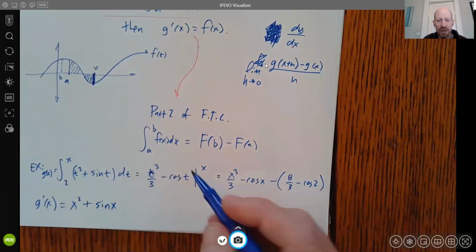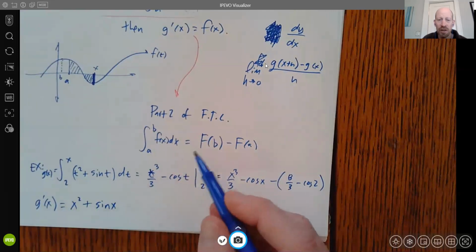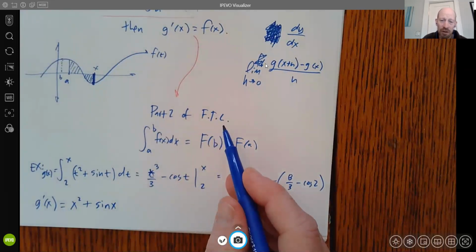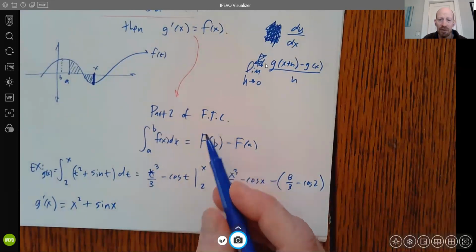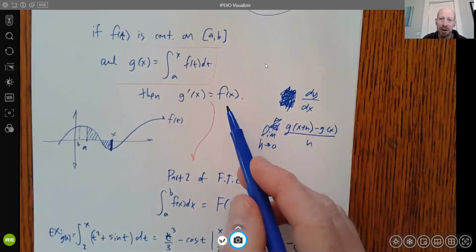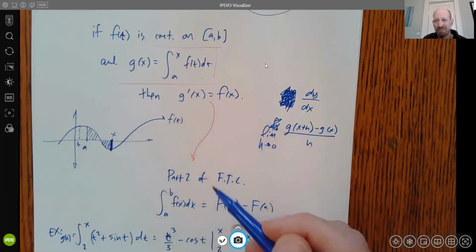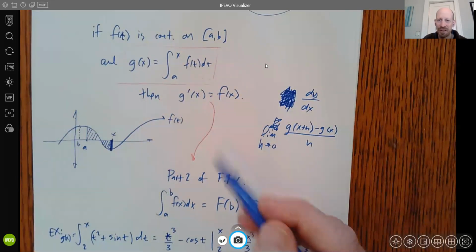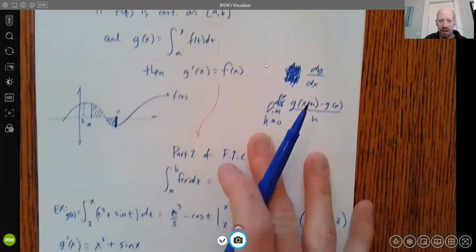So notice what we've done here is we've just showed that if we accept part 2 of the fundamental theorem of calculus, that also proves part 1. Like they're intimately connected. They're really the same things, just kind of in different directions.